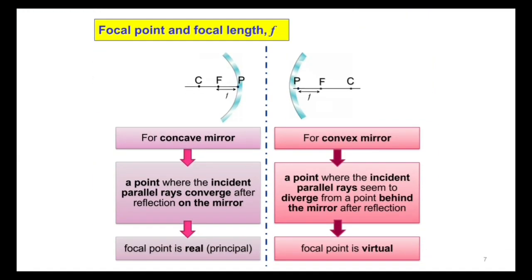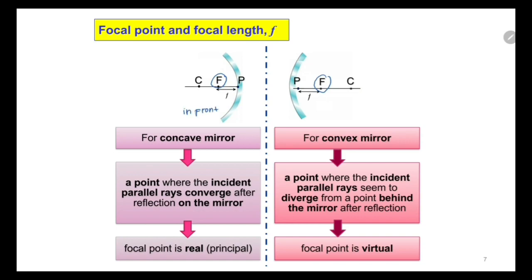Next, we have focal point. Focal point is a focus point, and the position of focal point is in the middle between point C and point P. Position of focal point for concave mirror and convex mirror is not the same. For concave mirror, focal point and center of curvature are in front of the mirror.